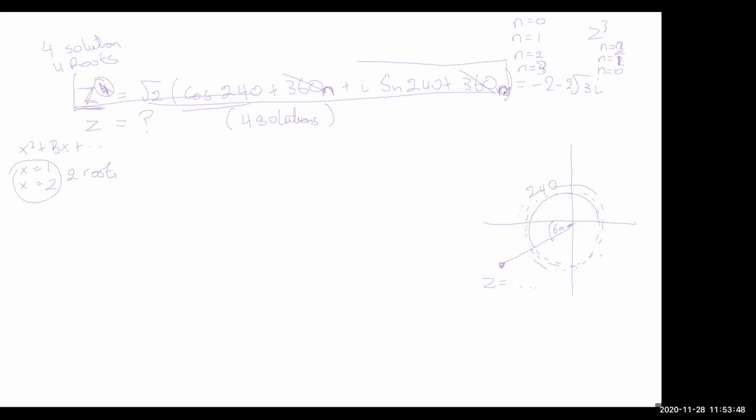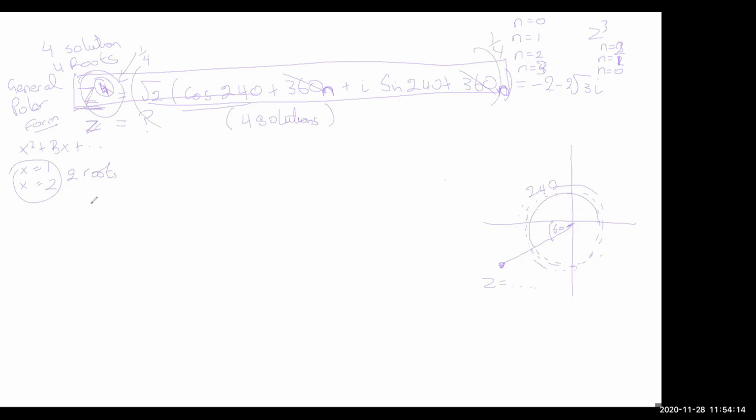So your general format, if you look in your textbook, is called the general polar form. And you have to use that when you're solving for z to the power of something. So we know we have to get z, which means we had to put this to the power of a quarter in order to get to z, which means all of this has to go to the power of a quarter.